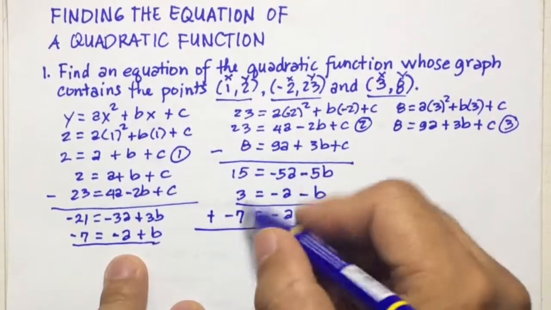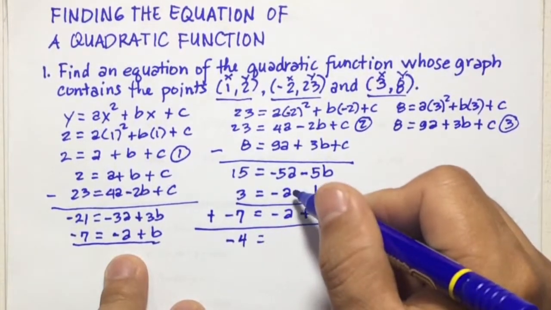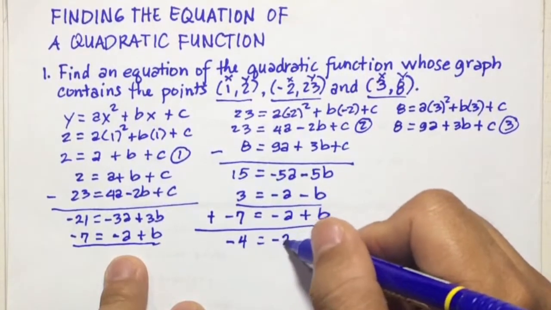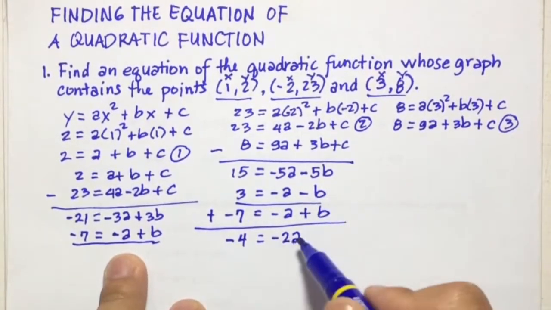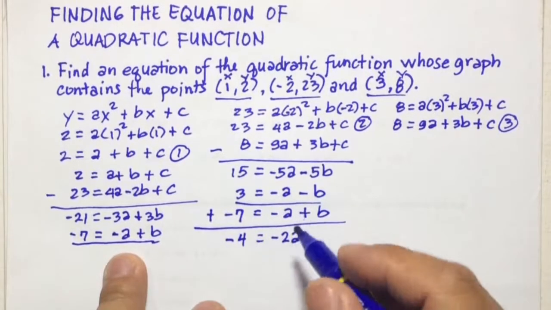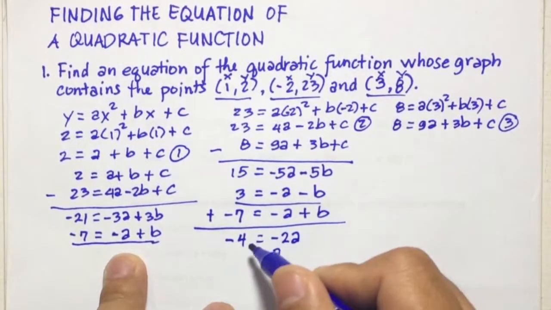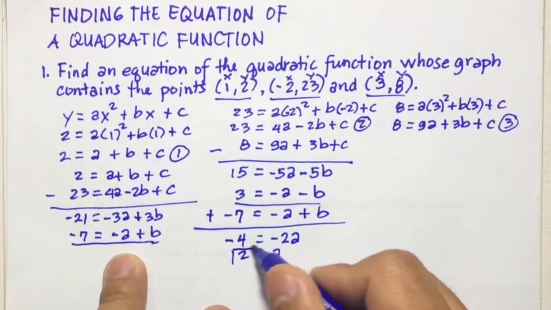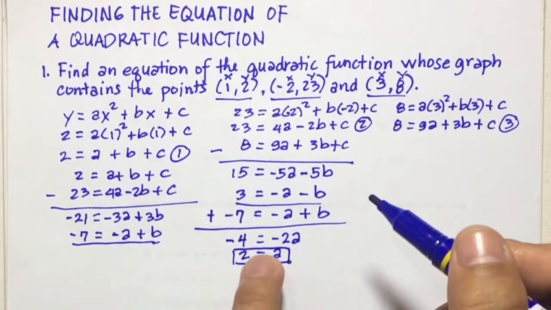This is negative 4 equals negative 2a, since negative b plus b is 0. Dividing both sides by negative 2, a is equal to 2. So this is the value of a.